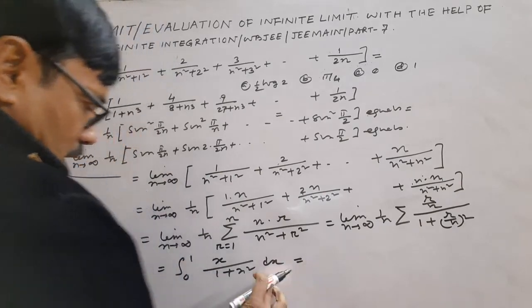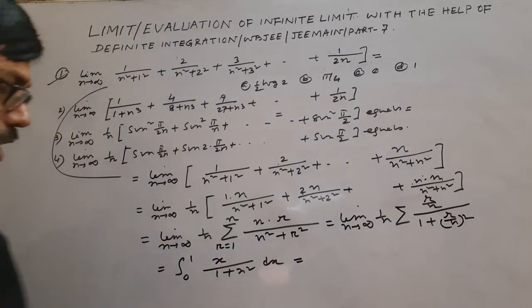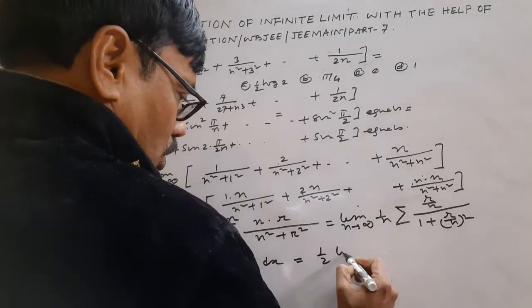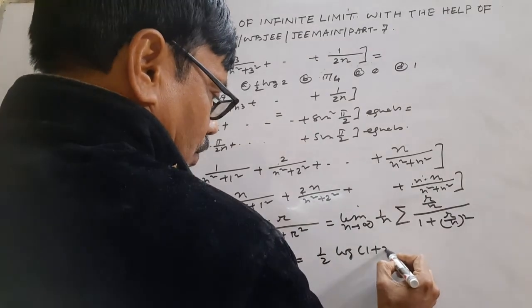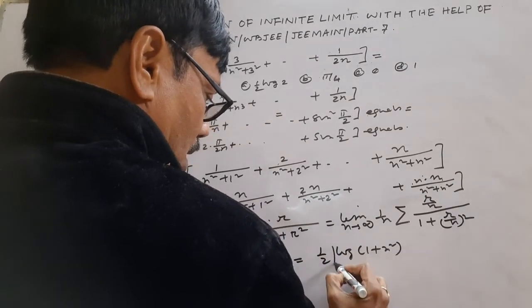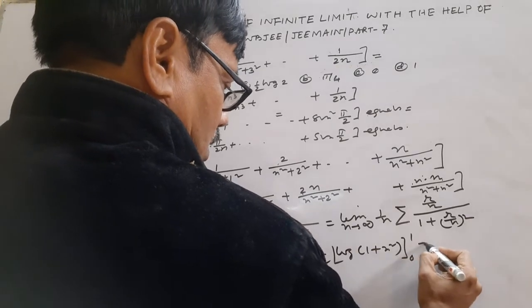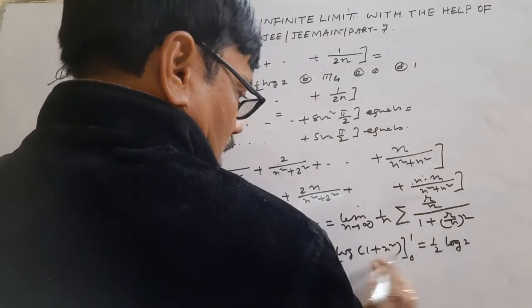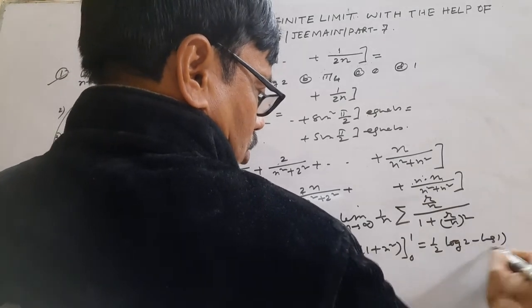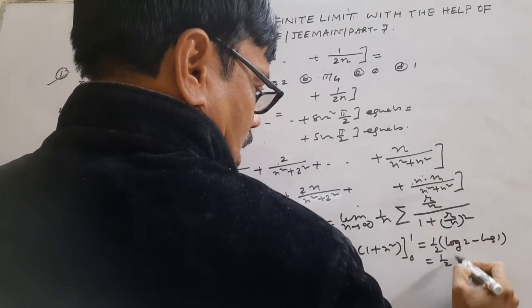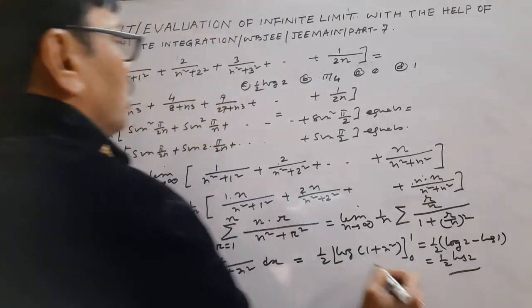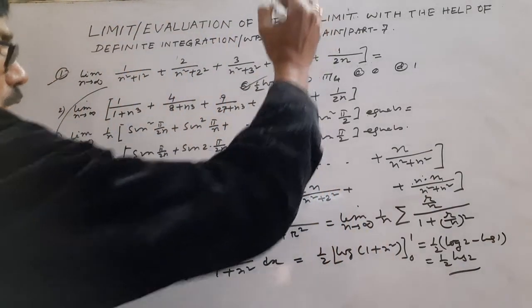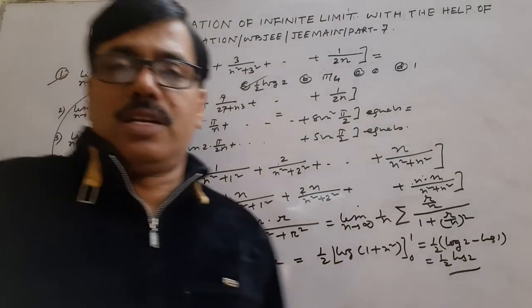So now it is a problem of definite integration. So half log of 1 plus x square from 0 to 1. So half log 2, and log 1 is 0. So the answer is half log 2. So half log 2 is the correct answer.